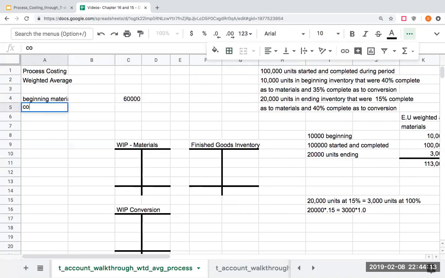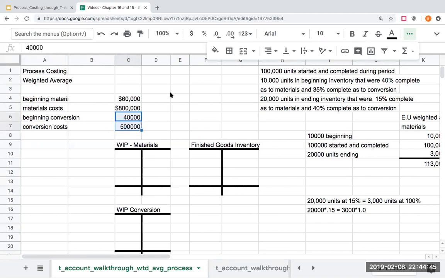My materials costs were 800,000 during the period. And then over here, my beginning conversion was, say, I don't know, 40,000. And then my conversion costs were, I don't know, we'll say 500,000.